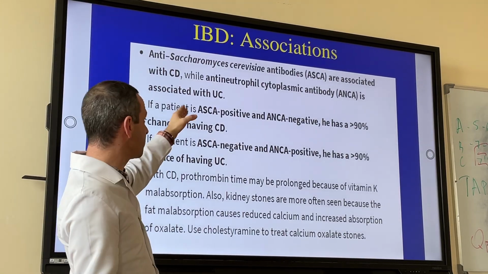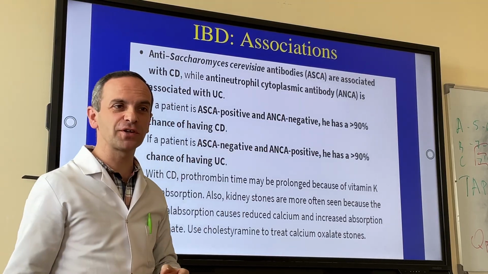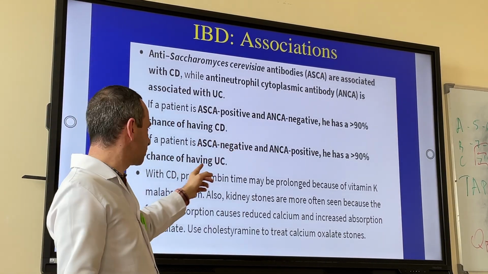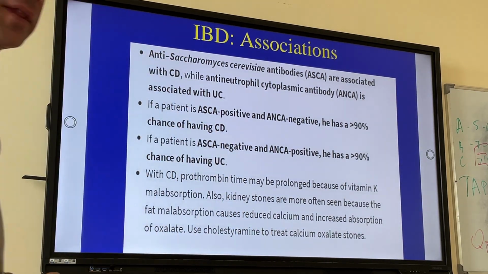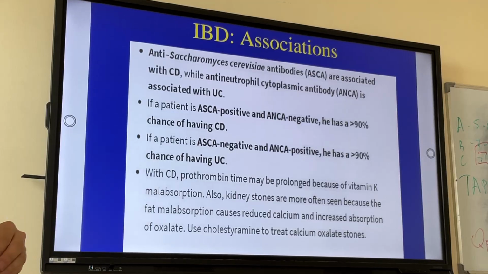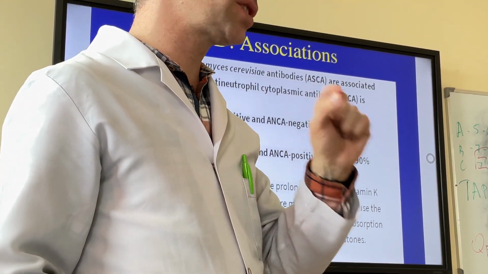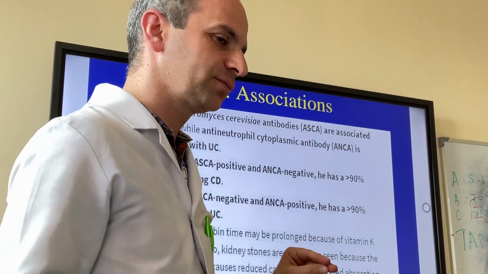If a patient is ANCA negative and ASCA positive, they have a 90% chance of having Crohn's disease. Opposite, ANCA positive and ASCA negative, is ulcerative colitis. But ANCA associations are mostly for small vessel vasculitis, so from some point of view, they are also considered a variant of vasculitis.